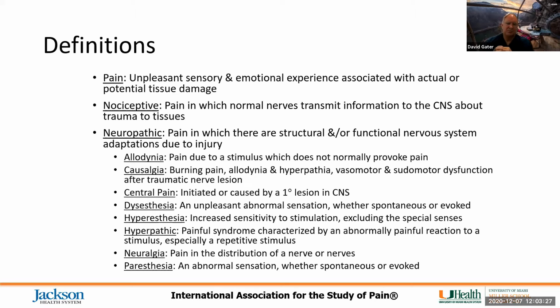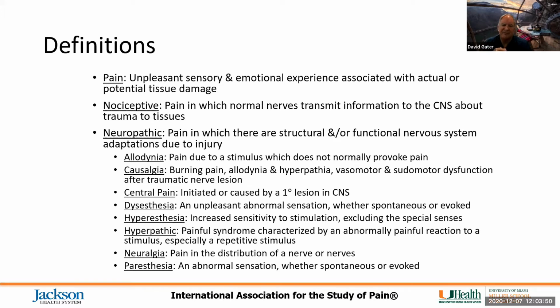Dysesthesia is an unpleasant abnormal sensation, and it can be spontaneous or evoked. Hyperesthesia is increased sensitivity to stimulation, and this is one that excludes the special senses. So for example, photophobia or hypersensitivity to auditory stimulus doesn't fall into this particular category.